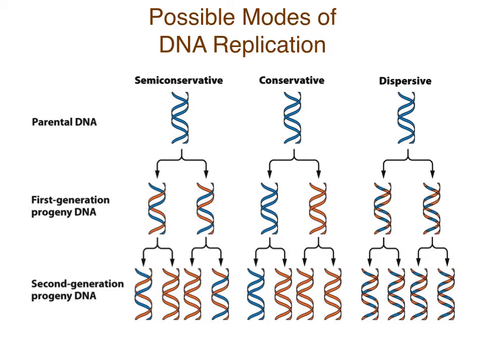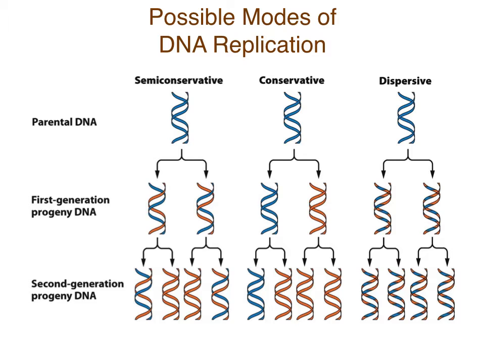Watson and Crick believed semi-conservative replication seemed to be the most straightforward way, but we don't really know. We have potential modes, one that seems theoretically most straightforward, but what we really need is experimental evidence that supports one of these or the other.